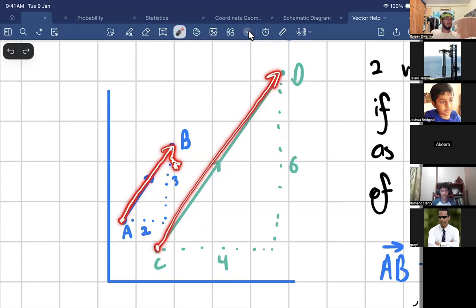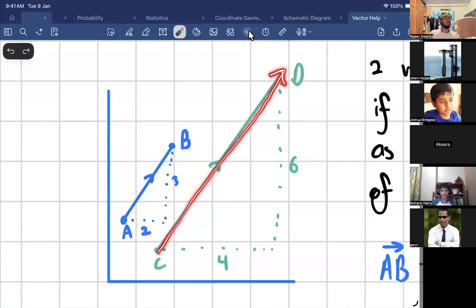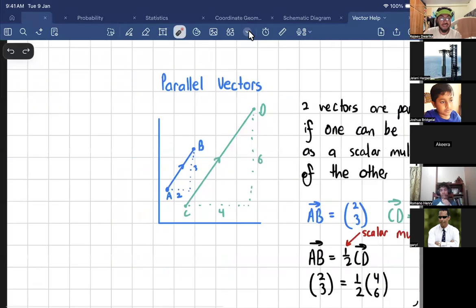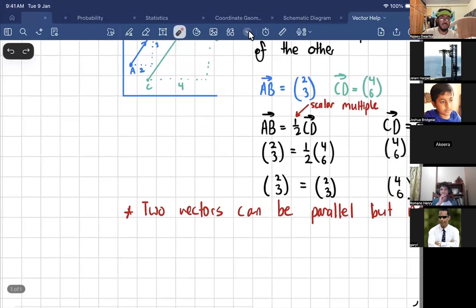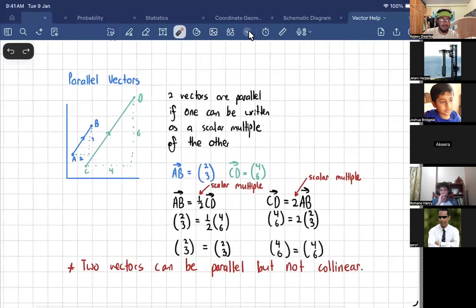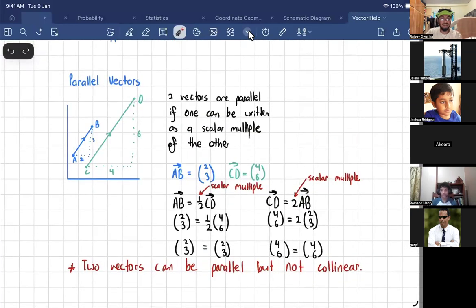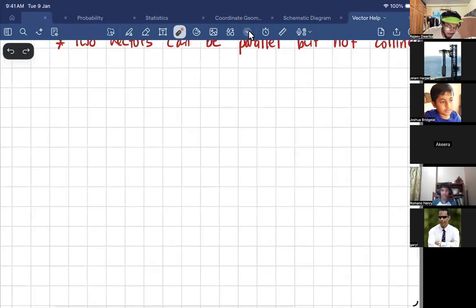I'm talking about this vector over here, CD. At C. They both start at different points. So they have no points in common, so they're just parallel. Does everybody understand that these two vectors are just parallel? That is the only thing they have in common, that they're parallel.